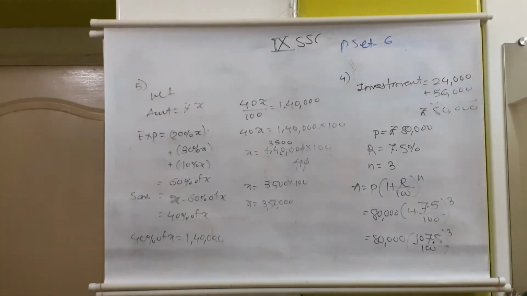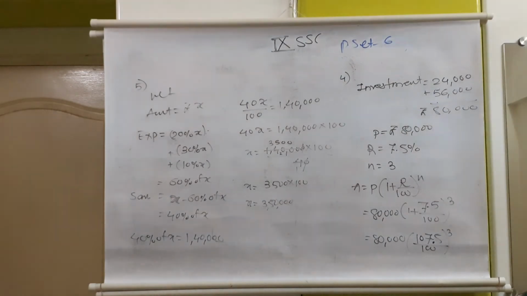If he gave 20% to his elder son, 30% to his younger son, 10% to the school, 40% remained in his hand. So 40% of x we consider, x is the amount with him. So 40% of x is nothing but the amount in his hand, and that amount is given as 1,80,000. So by comparison, sorry, I have made one mistake.